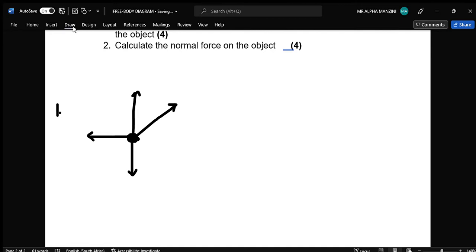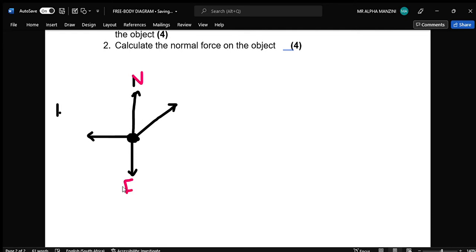Since we have 4 forces acting on the object, this force we call the normal force. Normal force is always perpendicular to the surface, so it always goes with this force.